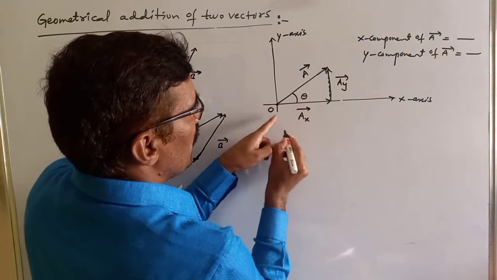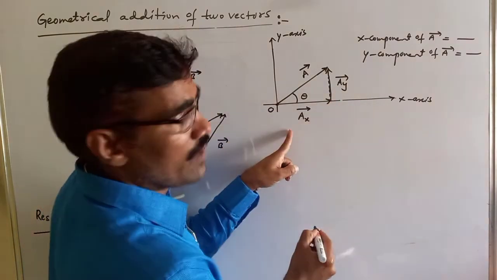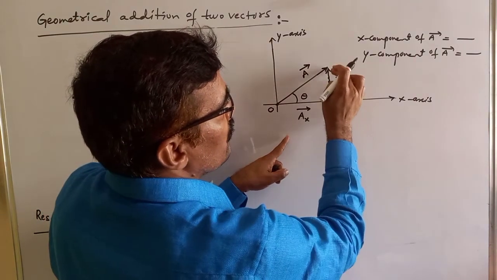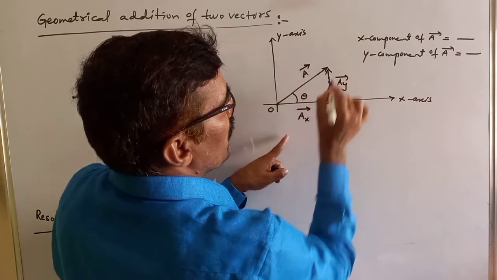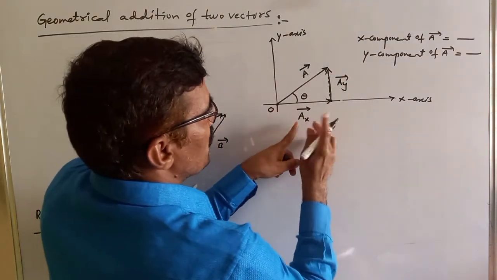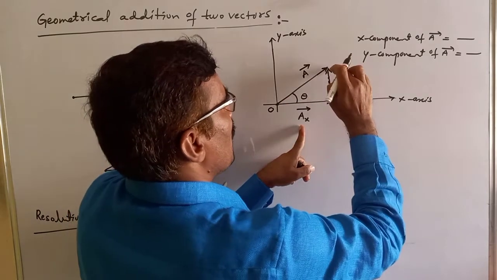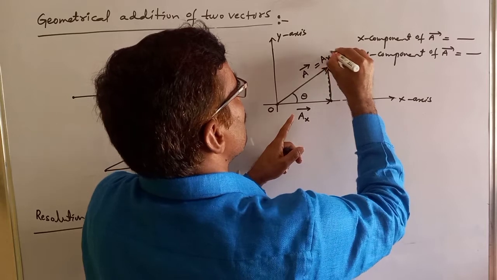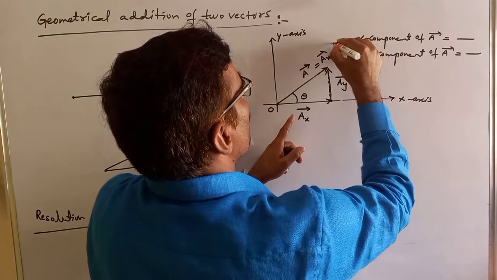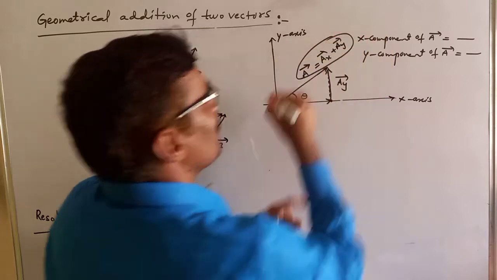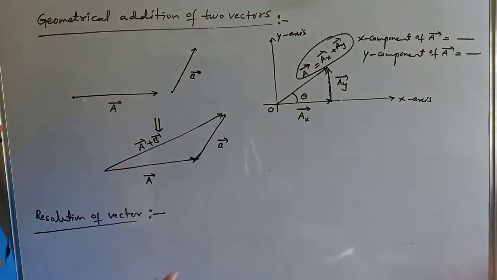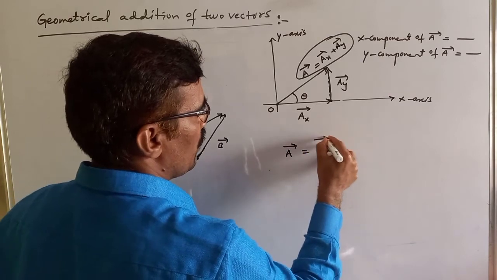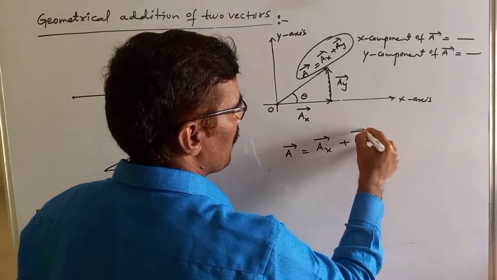The addition of these two is this one. That means A bar is equal to Ax bar plus Ay bar.